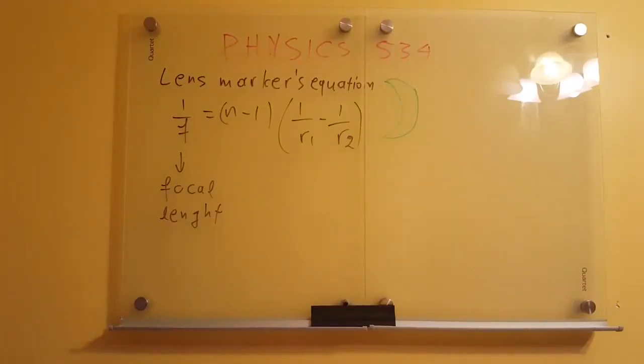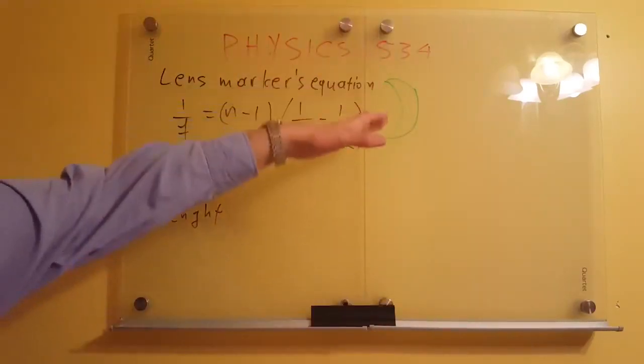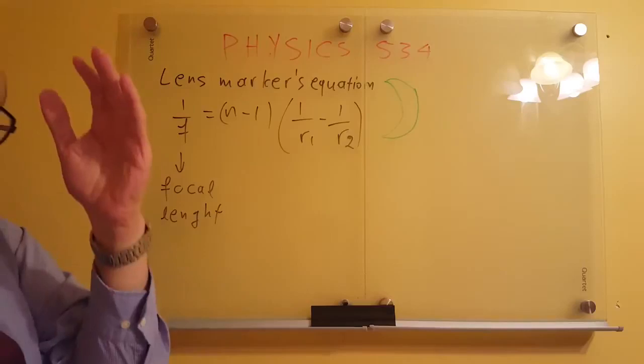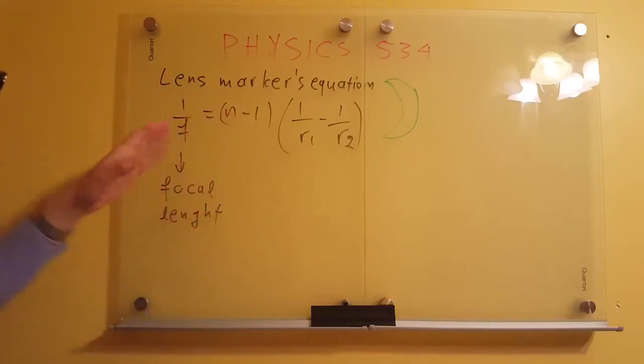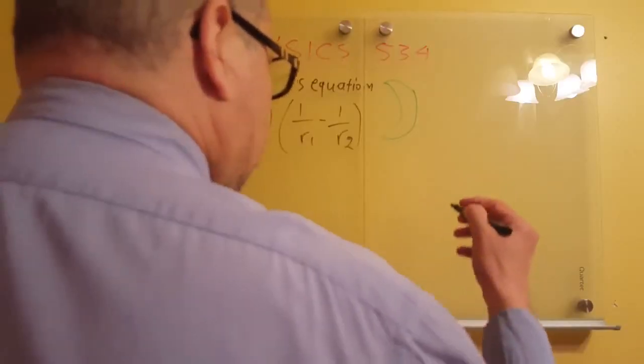So let me now use this formula to prove that this here is a converging lens. To prove that the lens is converging, you have to prove that f is positive, so its focal length is positive. So let's do it. Let me show you something.